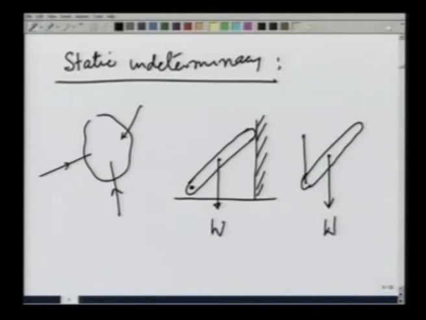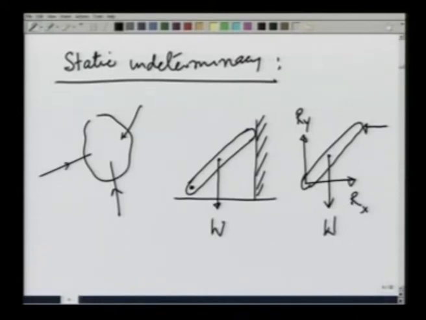There is a reaction in the y direction due to the pin, one in the x direction due to the pin, and there is a normal reaction on the wall. These forces are sufficient to bring this rod in equilibrium.